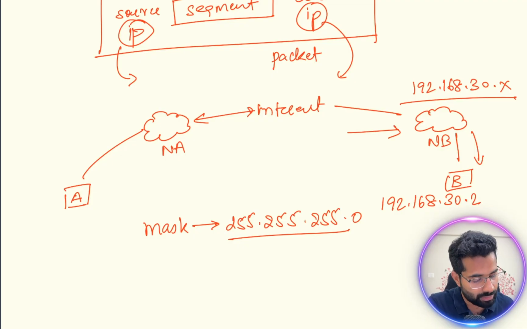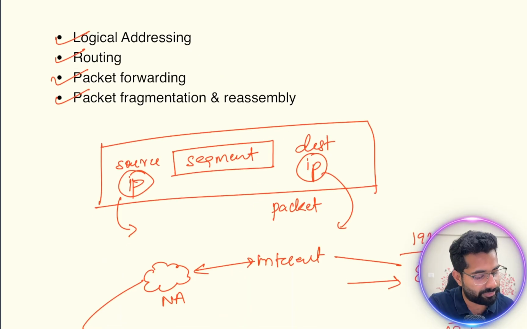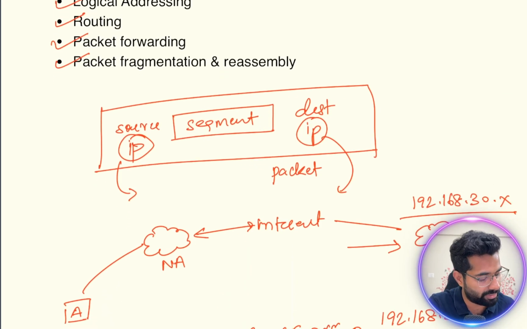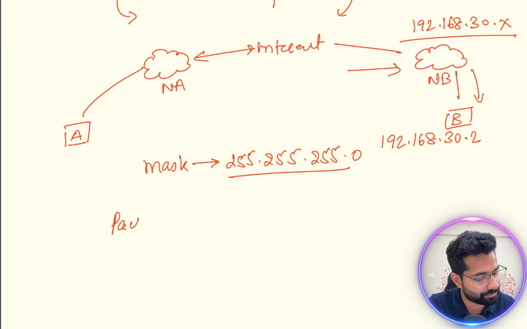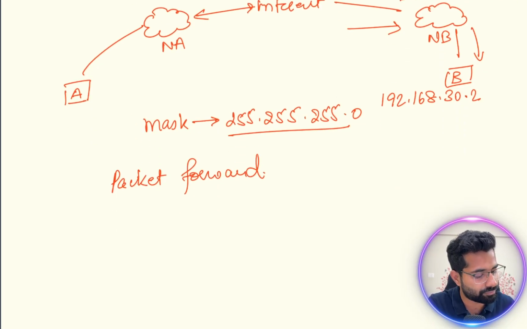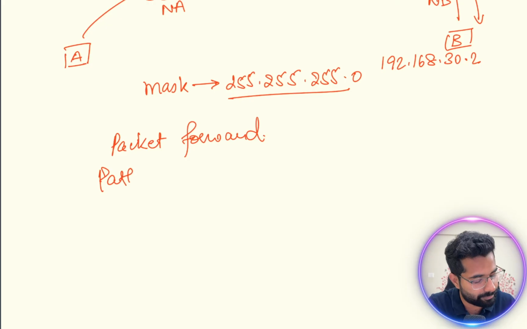Now we will also be doing packet forwarding. In packet forwarding, first we determine the path. This path can be determined through various pathfinding algorithms in the network layer.